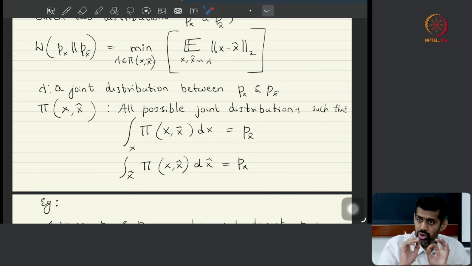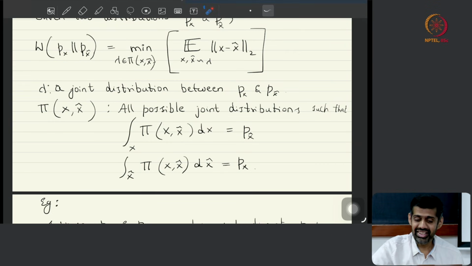You have to choose those joint distributions such that the marginals happen to be the constituent distributions between which you are looking at the divergence. Is it all right? So that is the definition of the Wasserstein's metric.